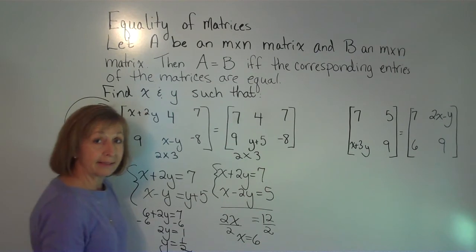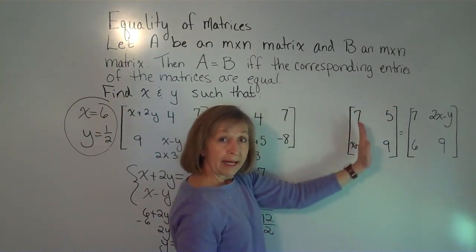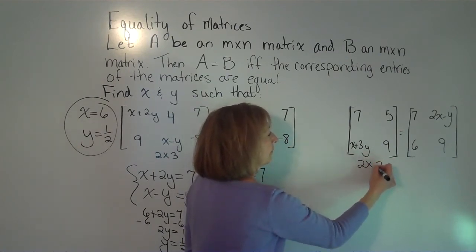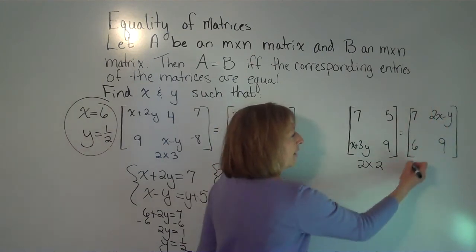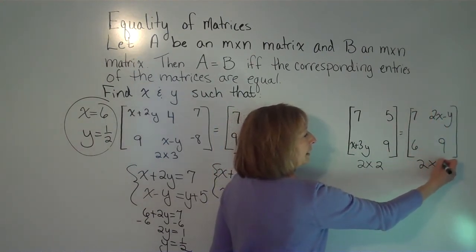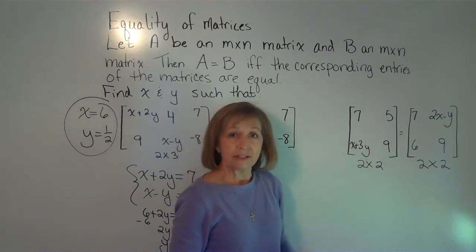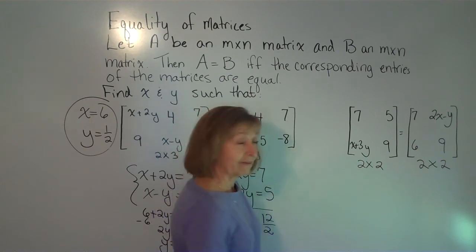Let's do that same process on the second example. So it's a 2 by 2 matrix on the left side of the equal sign, a 2 by 2 matrix on the right side of the equal sign. For equality, the dimensions have to match each other, and then corresponding entries have to match.